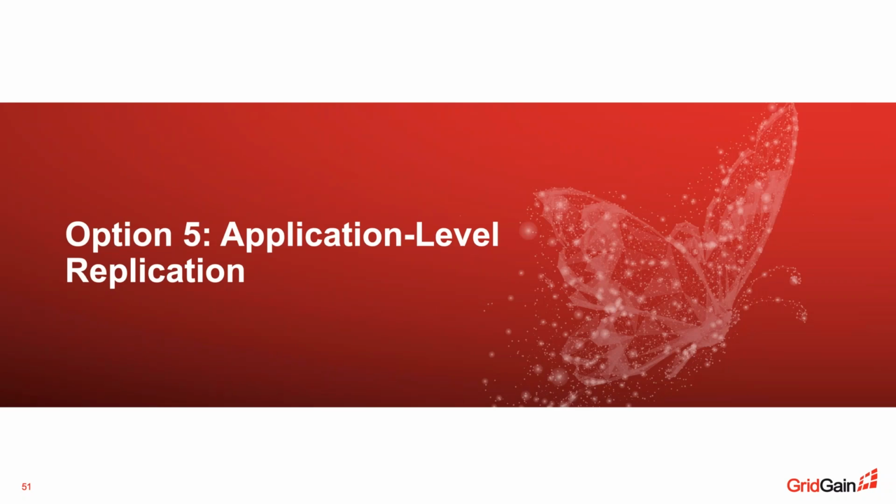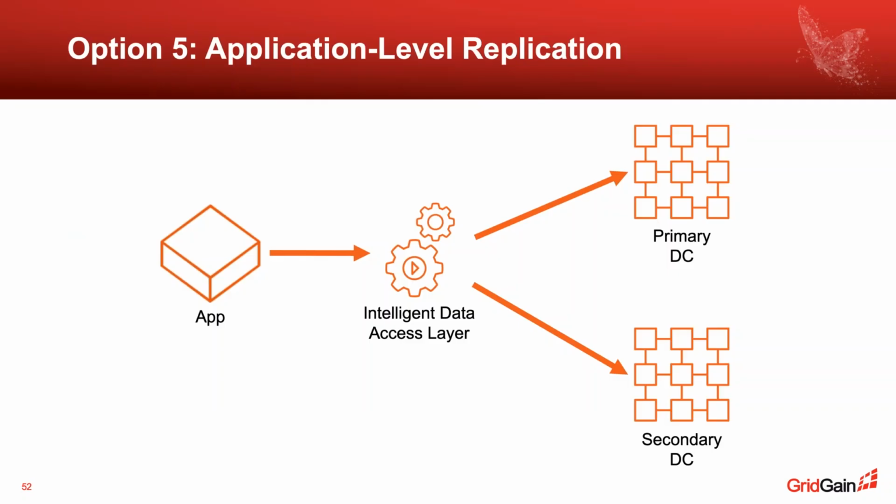And the final option I want to talk about briefly again is application level replication. What it means is it's real easy. Our application is doing all of the work, or code near the application is doing all of the work. So between our app and our data centers, our clusters, there is an intelligent data access layer, which serves as both a replication vehicle and cluster switchover mechanism.